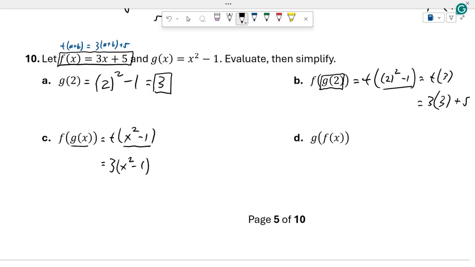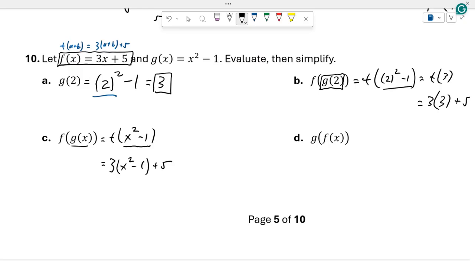Now, we also include parentheses like here, right? That was a monomial. Two is a monomial, and we included parentheses there, which wasn't strictly necessary. But with a binomial or more, you have to include parentheses in this case because the 3 is getting multiplied to the entire input, not just x squared, but x squared minus 1. All right? And then plus 5.